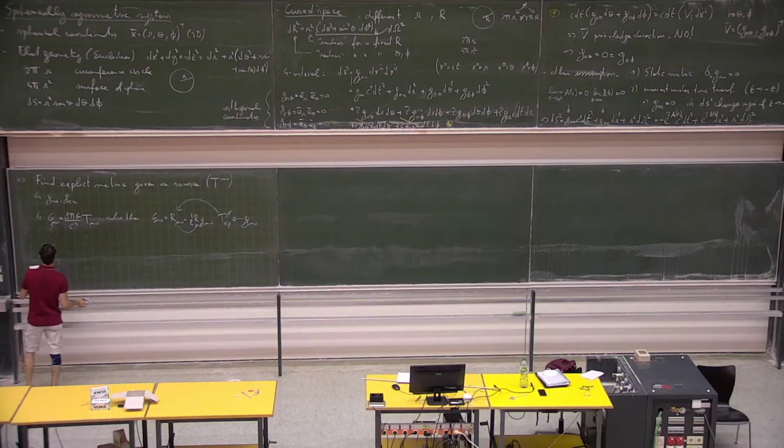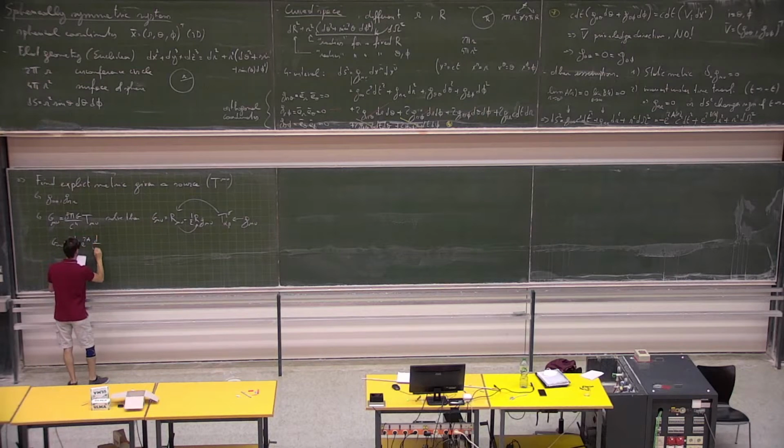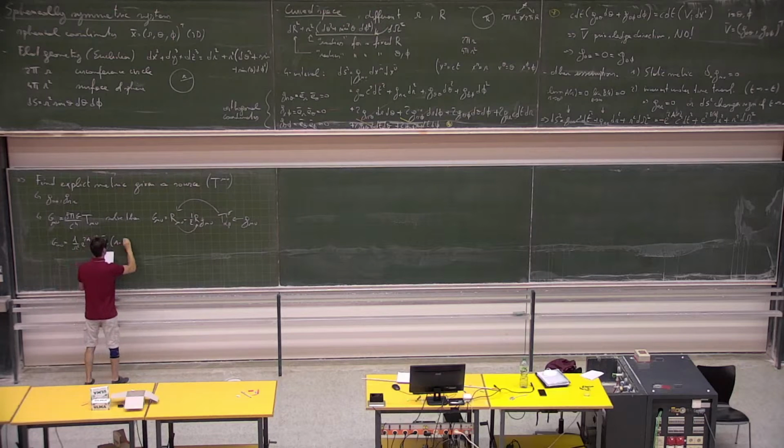So I will write them for you. We are going to have G00, which is equal to 1 over r squared, e to the 2a, d over dr, r (1 minus e to the minus 2b).